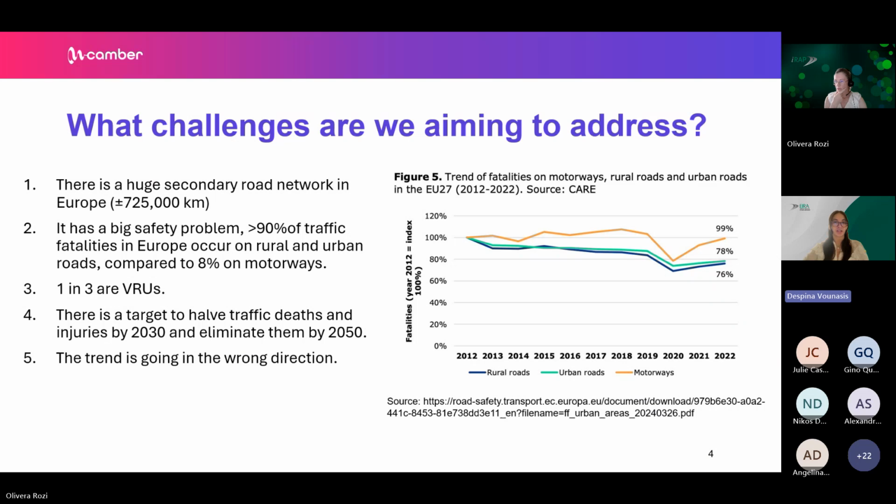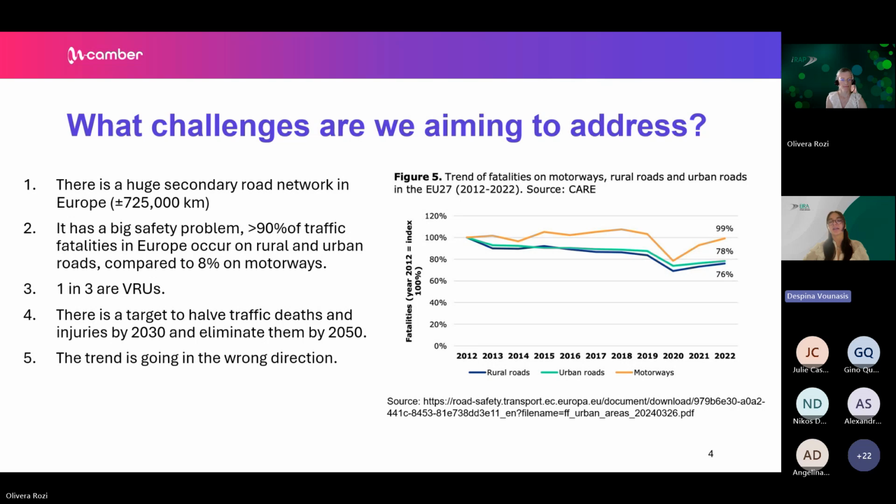Some of the challenges that we are aiming to address as the Camber project are significant, because Europe has an enormous secondary road network, which is over 725,000 kilometers in total, and over 90% of traffic accidents and fatalities in Europe happen on those urban and rural roads, while on the motorways we have only 8% of fatalities.